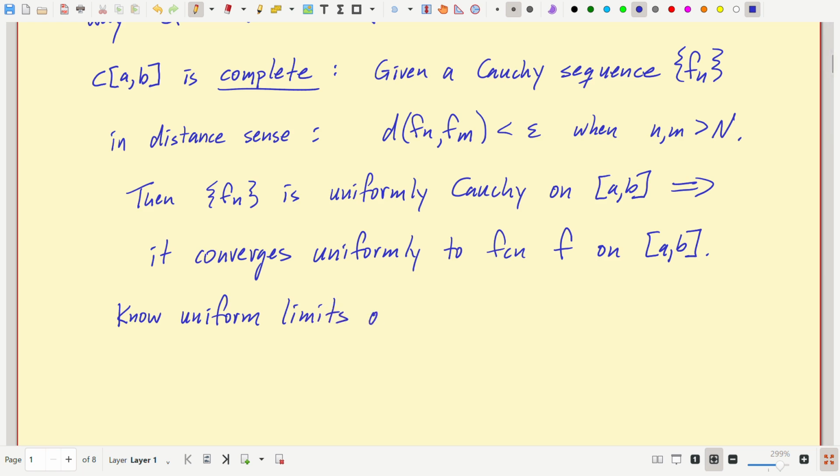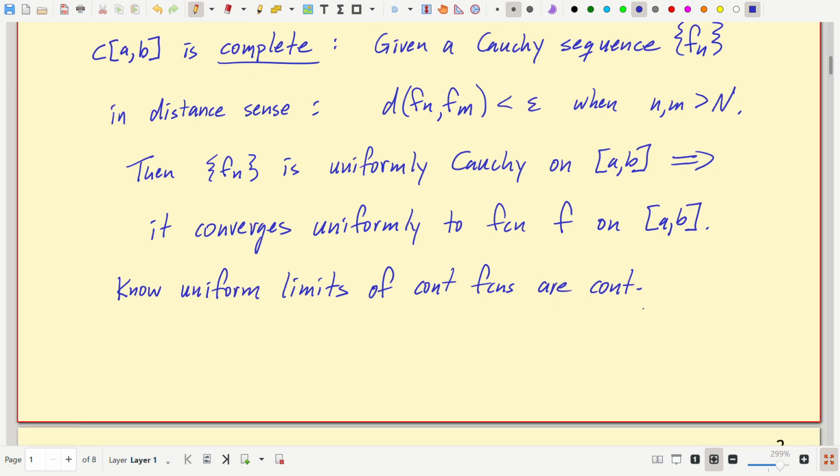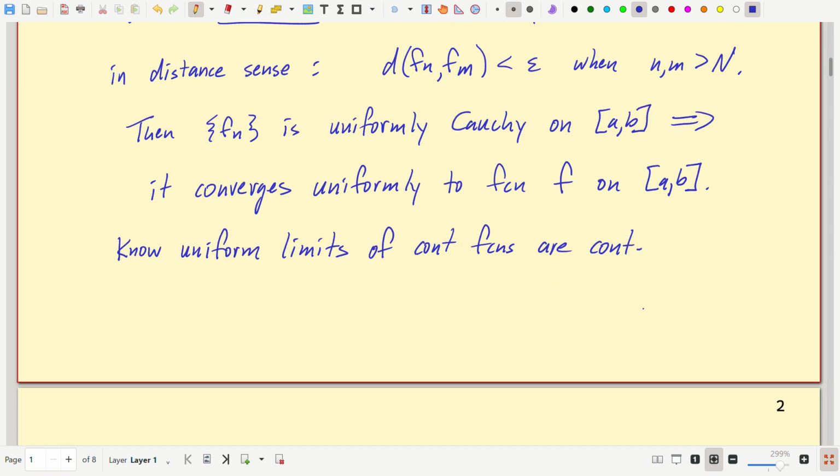So that uniformly Cauchy sequence is converging uniformly: the f_n converge uniformly to f.